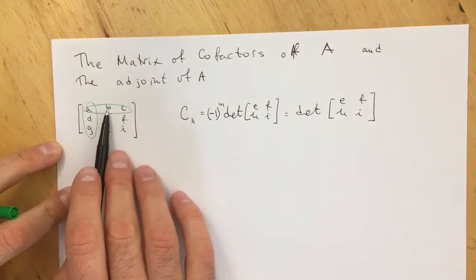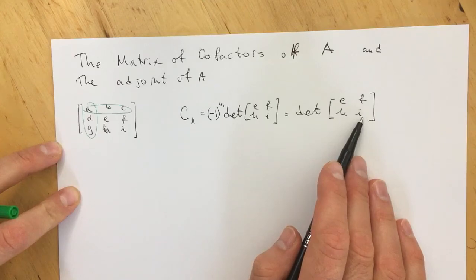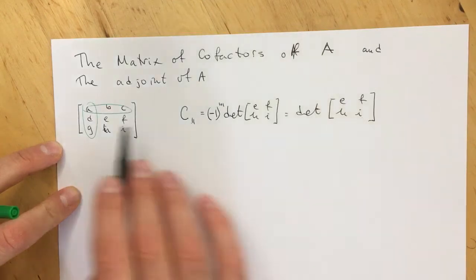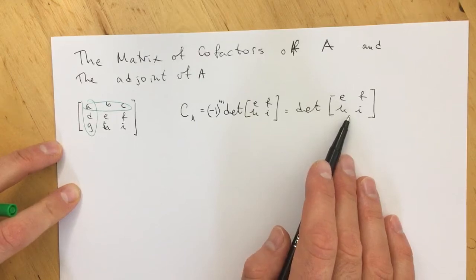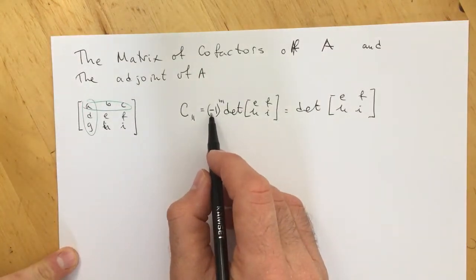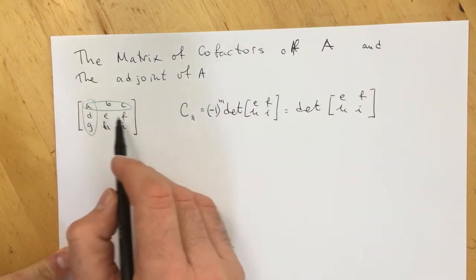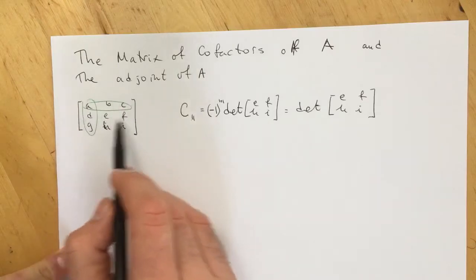And then for each entry, you have to do this calculation, okay? Now, for our question, we'll find the matrix of cofactors. That means that we have to find all the cofactors.